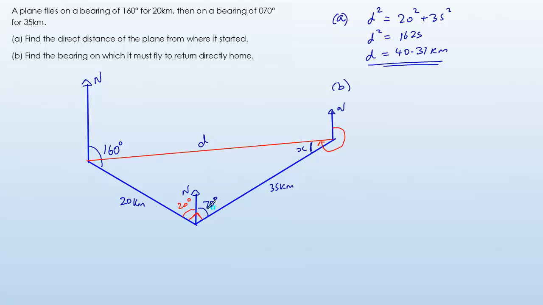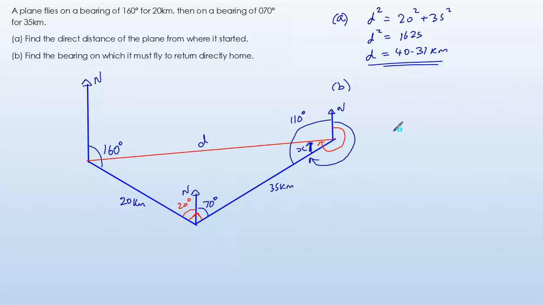This is 70 degrees, so we have co-interior angles. So the whole of this angle just here is 110 degrees. So to work out this angle here, we can do 360 take away 110, which will give us this angle just here, and then we add x on to get the angle that we want.